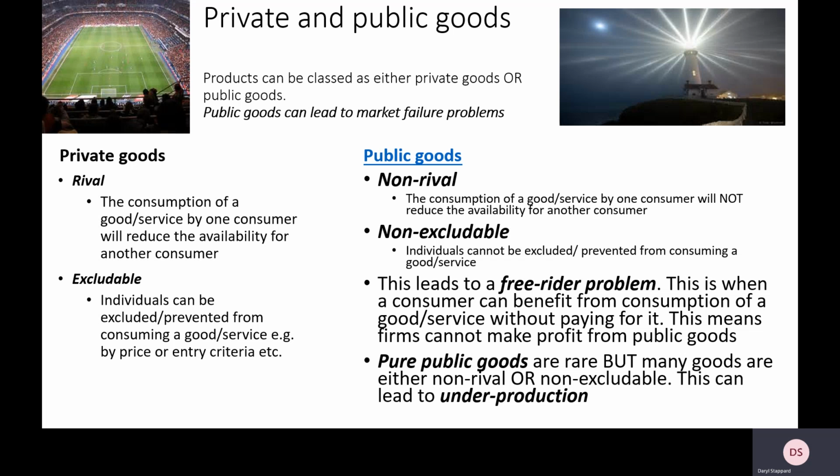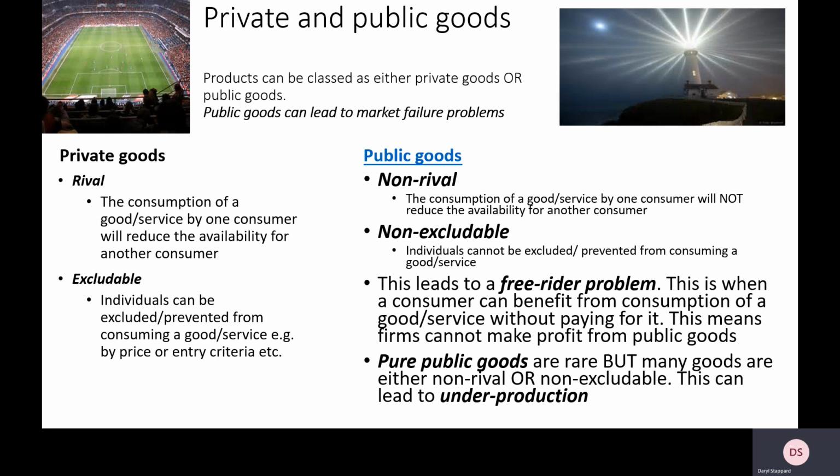Now, a really, really good example as well. On my way into work yesterday, the roads had been gritted. Think about what that grit does. The grit on the roads means that I can drive my car safely without the risk of ice on the roads. So every car on those roads will derive benefits from the roads being gritted. But again, you could argue that the grit that's been put on the road is an example of a public good.